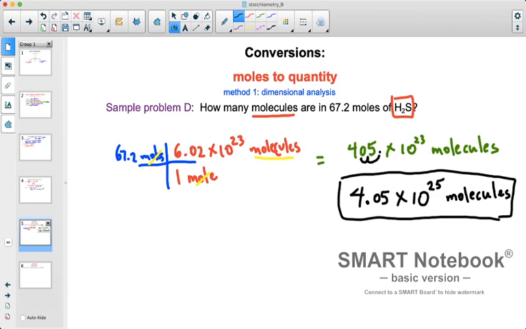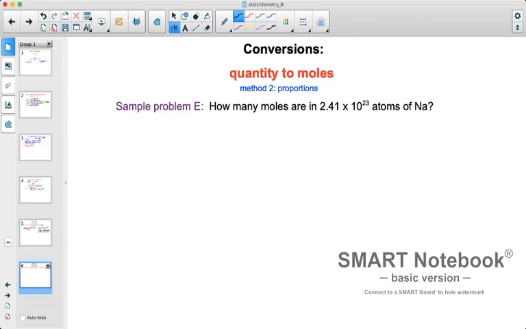Now let's try a different problem using proportions, which some of you are much more familiar with, but do whatever is comfortable. So sample problem E, it says how many moles are in 2.41 times 10 to the 23 atoms of Na.